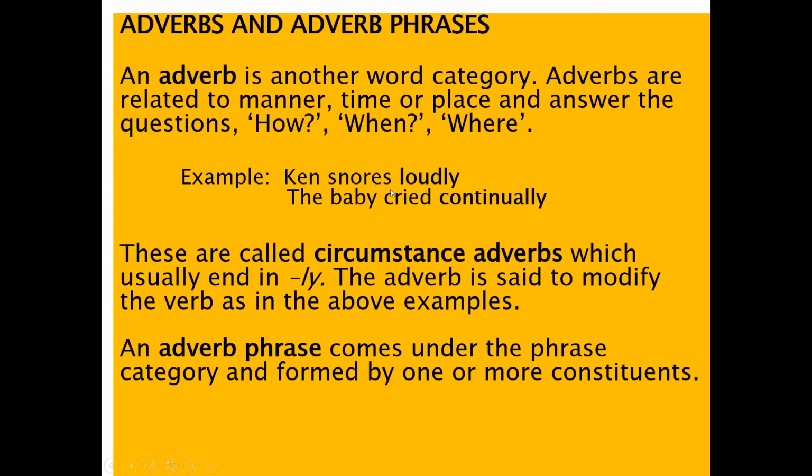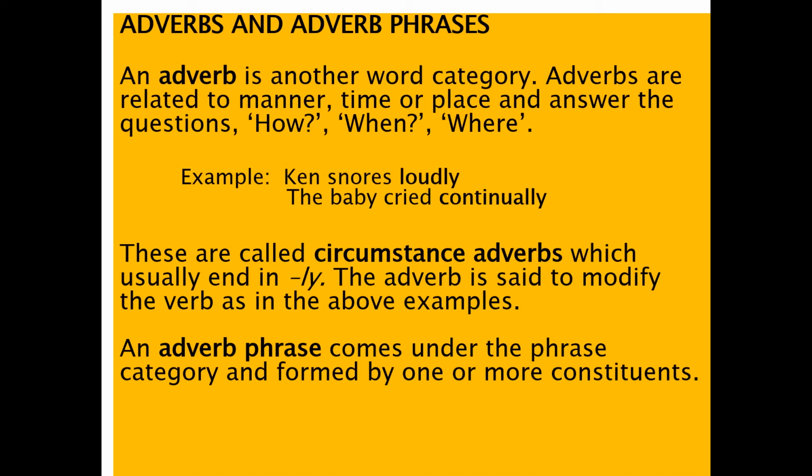The baby cried continually. If you ask a question, who snores at night? Ken does. Who snores loudly at night? Ken. How does he snore? Loudly. So the degree of his snoring is loud. The baby cried continually.